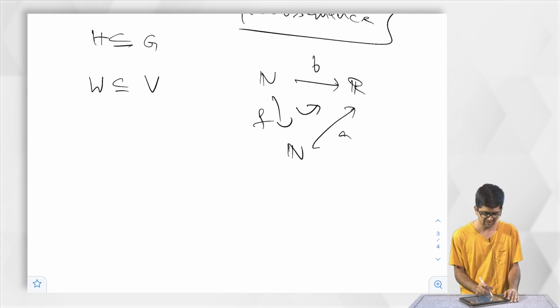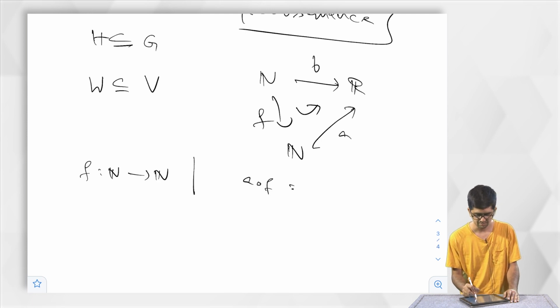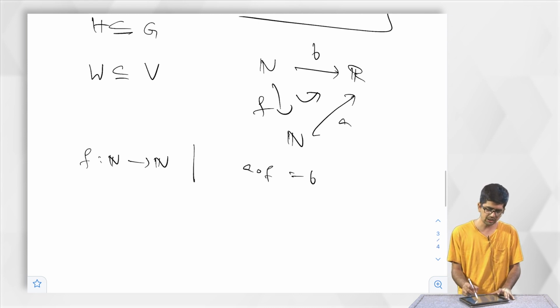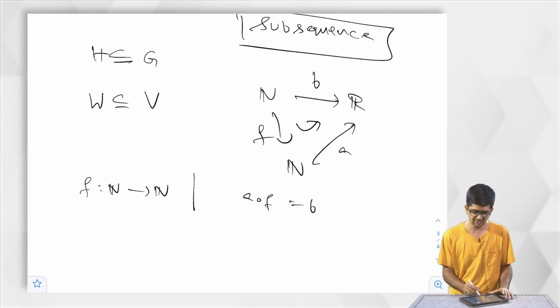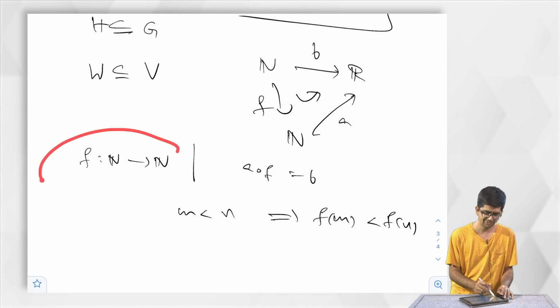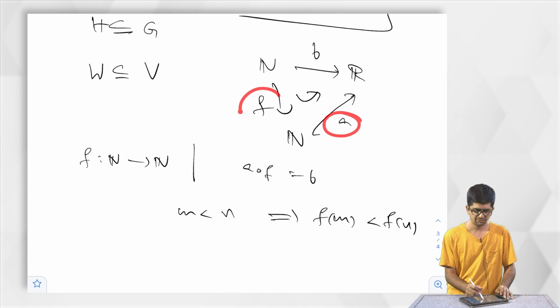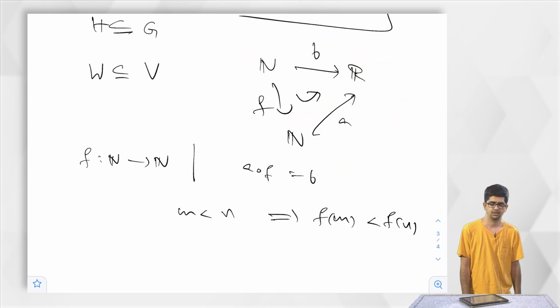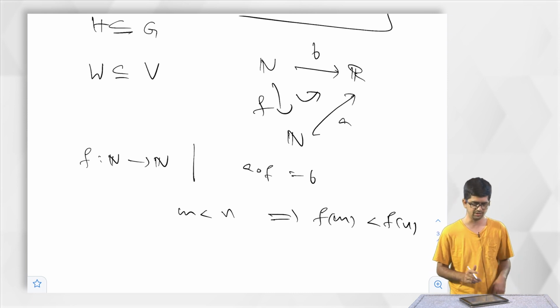It means that there is a map F from N to N such that A compose F is equal to B. One more thing to observe is, we are not planning to allow all maps from N to N. We want this map to be order preserving in the following sense, that if M is less than N, then F of M should be less than F of N. If there is a map F from N to N such that A compose F is equal to B, then we call B a subsequence of A. This is what the subsequence notion is.